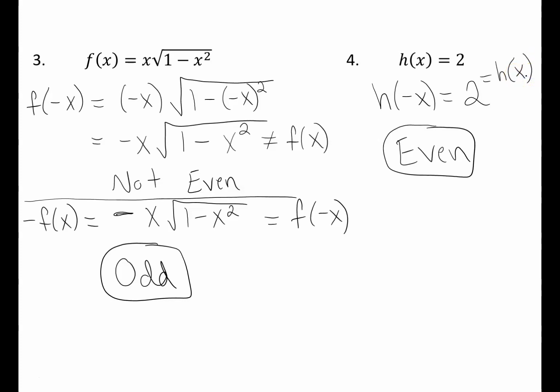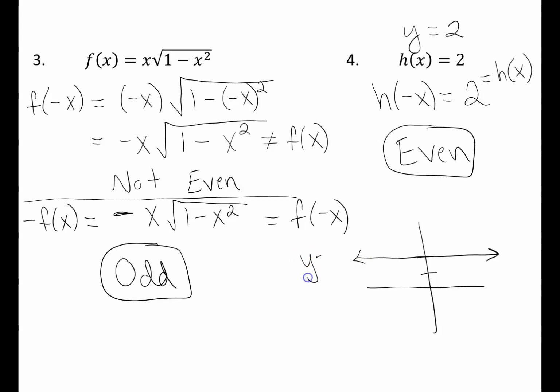Now let's think about the graph real quick, just to help you kind of see why it works that way. Remember, this is the same thing as the equation y equals 2. H of x could be replaced with y. And if we go to 2 on the y-axis, y equals 2 is just the horizontal line that goes through there.